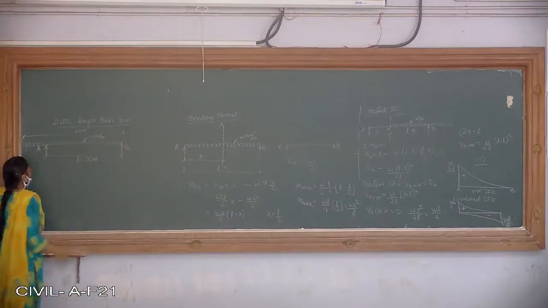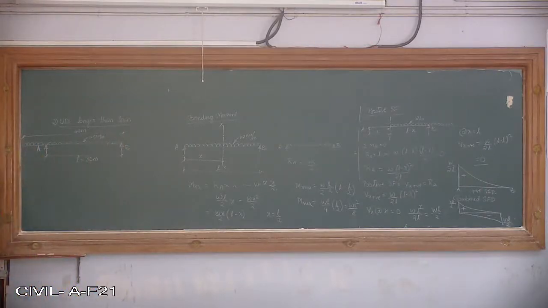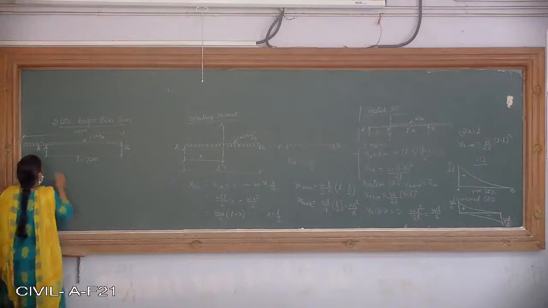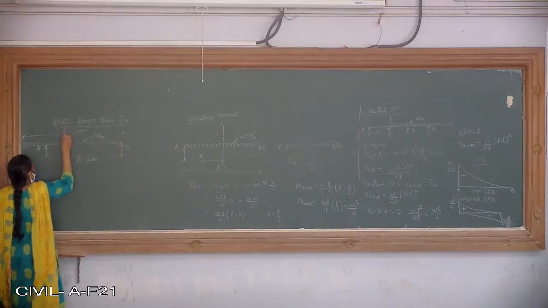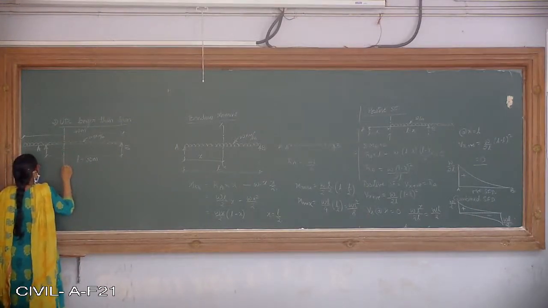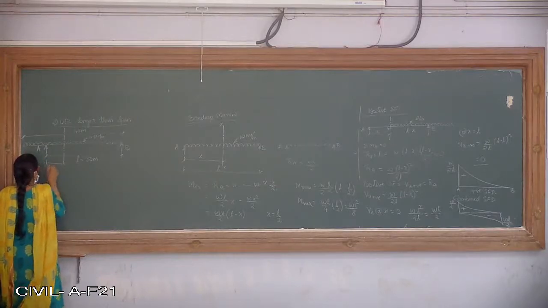You are supposed to calculate the magnitude of maximum shear force and bending moment at a section which is at 10 meters from the left support. So at some distance here, this is the value of X, which is 10 meters.